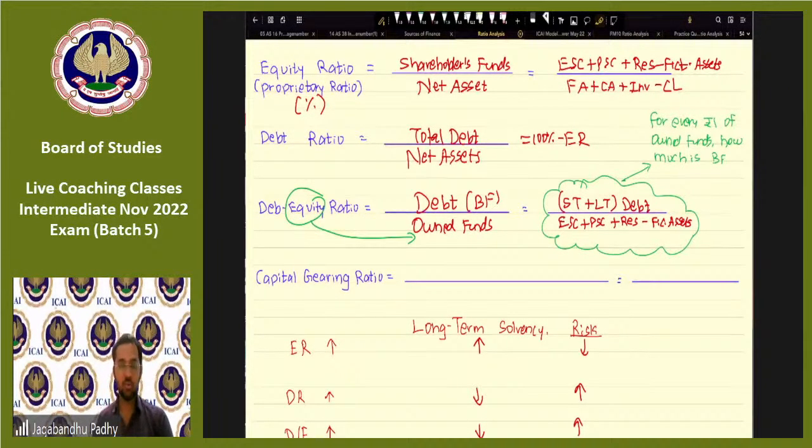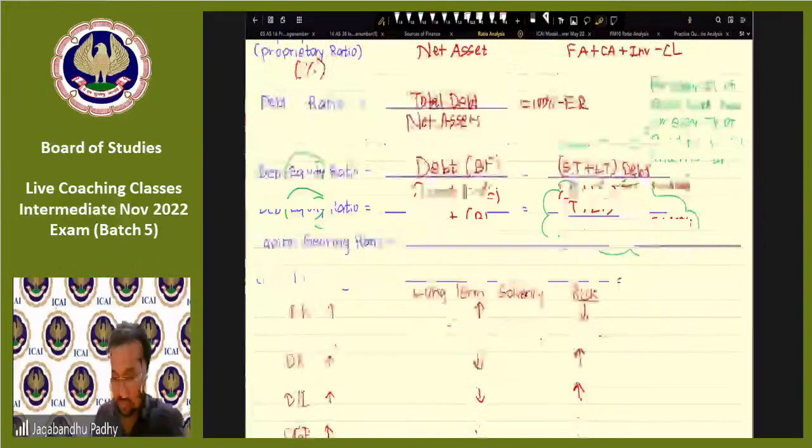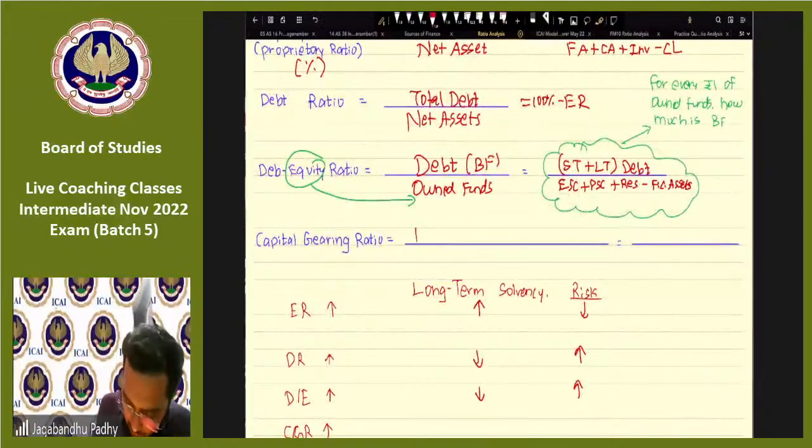Capital gearing ratio talks of the ratio between funds requiring fixed return upon funds which do not require fixed return.